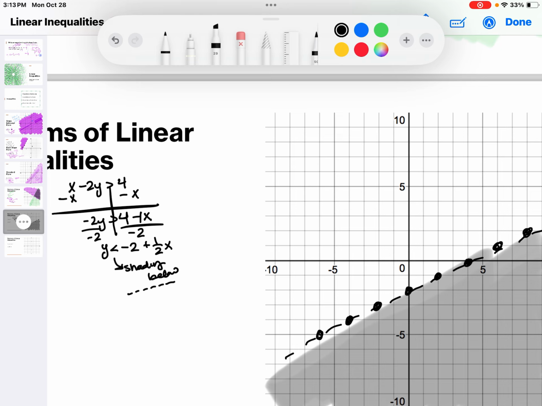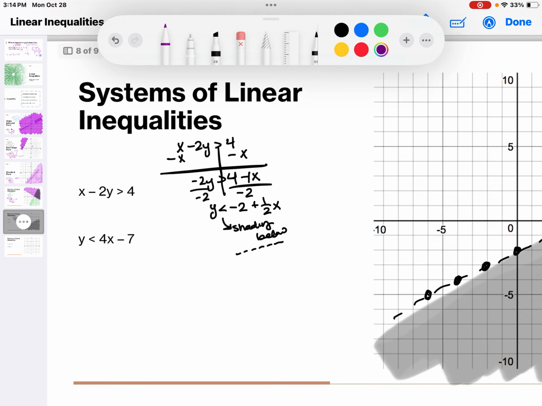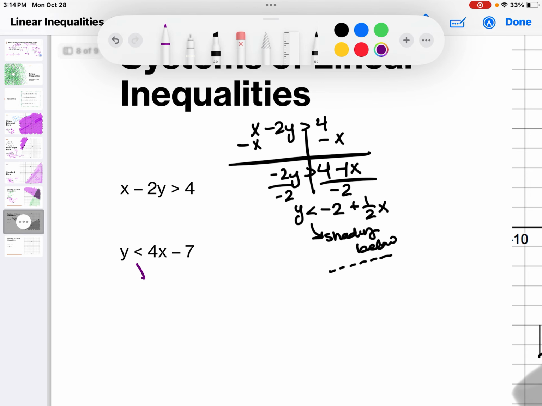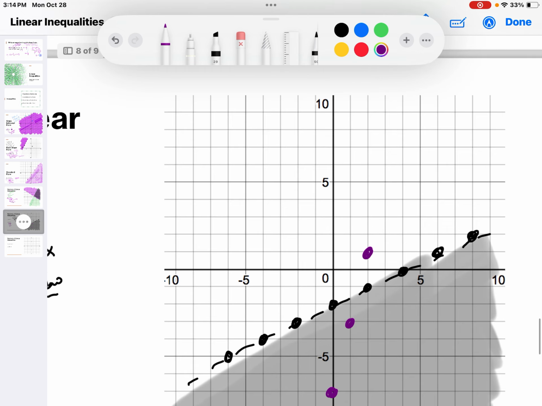For the other one, let's use purple. I'm in the purple mood today. We already know this is shaded below. The y-intercept is at -7, slope is 4. So -7, slope of 4, up 4 over 1, up 4 over 1, up 4 over 1.